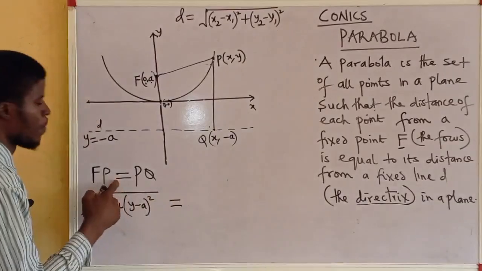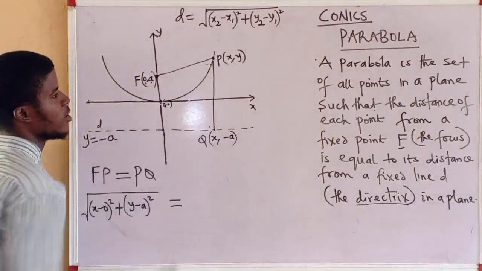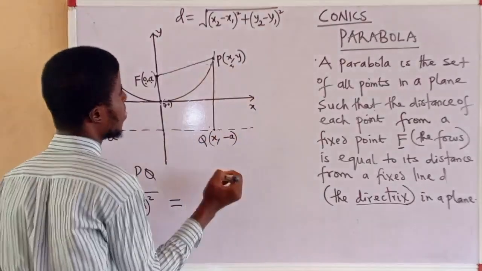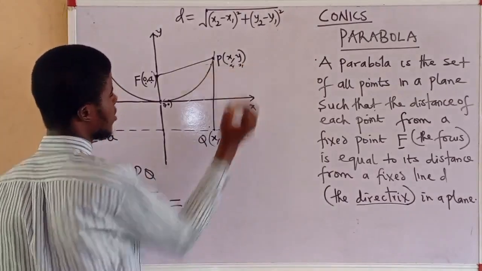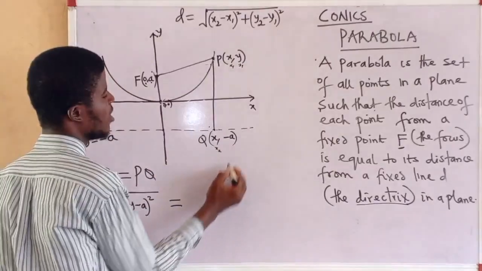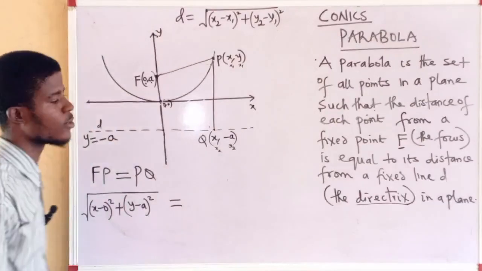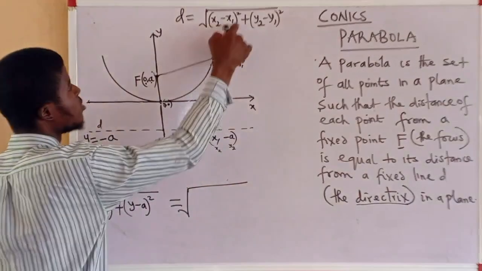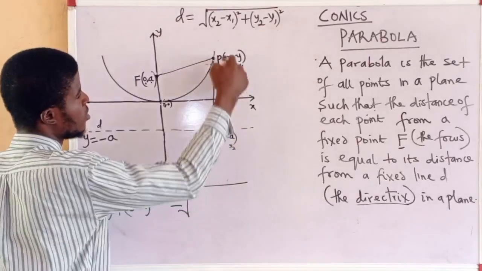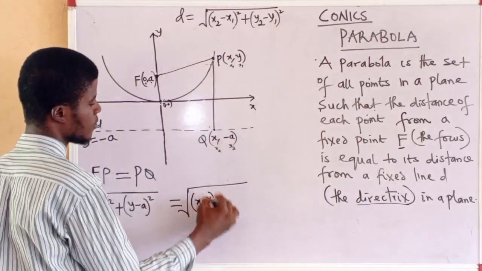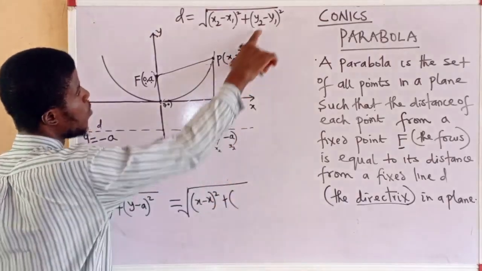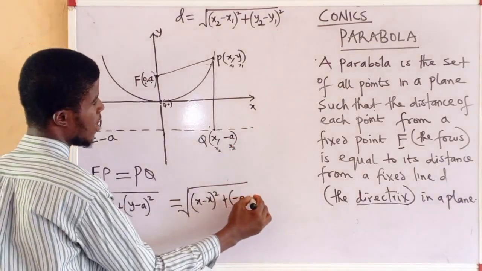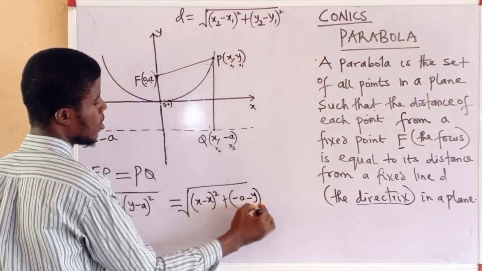This is equal to the distance between this point and this point. So let's label again. Let this be x1 and let this be y1. Let this be x2, and let this be y2. So this is the square root of x minus x all squared plus minus a minus y all squared.